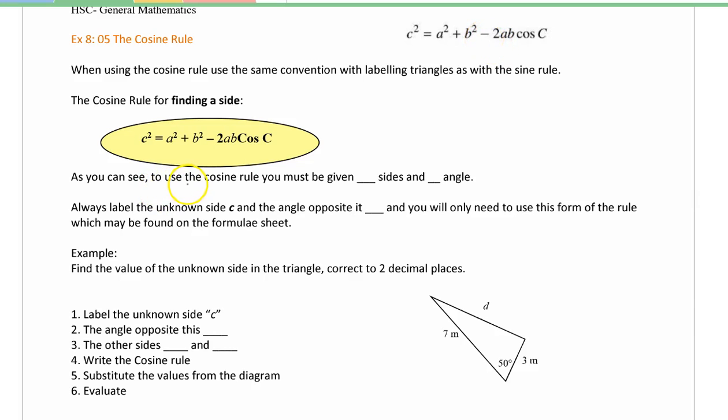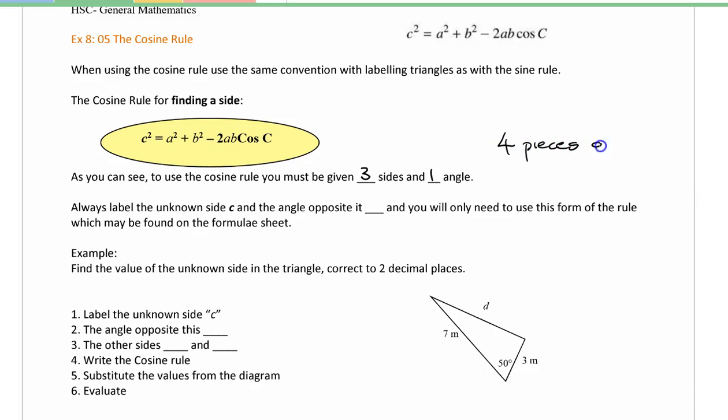Now, as you can see, and I've just pointed out, you must be given three sides and one angle. Well, you don't need to be given all four pieces of information. There's 1, 2, 3. We've already counted those. And 4. Four pieces of information.